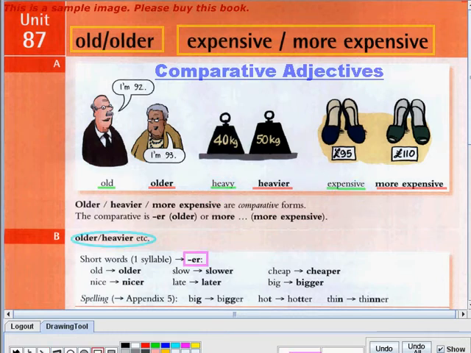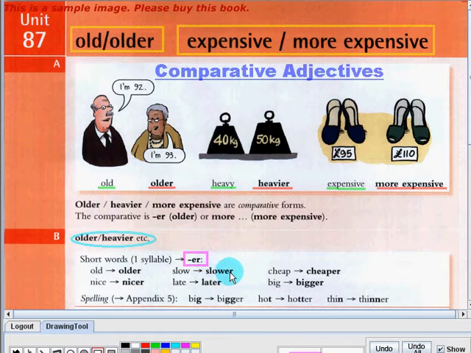Now, let's be familiar with the rules for using comparative adjectives. First rule: ER is added to the end of one syllable adjectives, like the word old. It will become older. Nice, nicer.